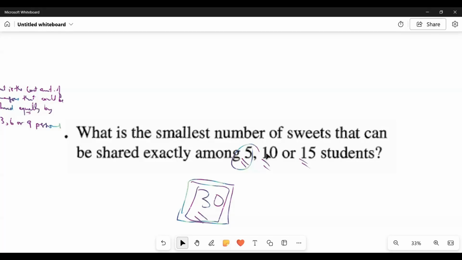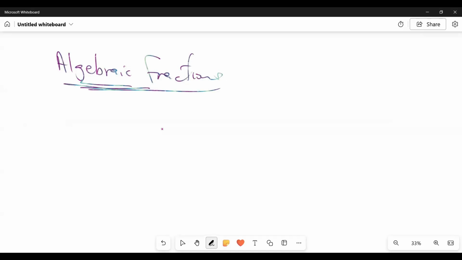All right, yeah. Another usefulness of LCM, as I said, as we proceed in the course, we're going to get into algebraic fractions. Not today, but I'm just telling you, we'll have to deal with this, right?